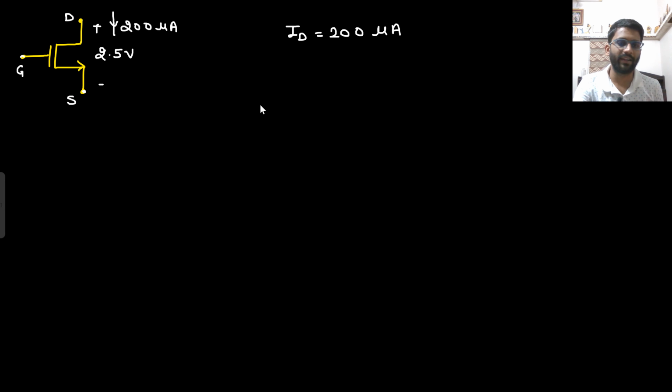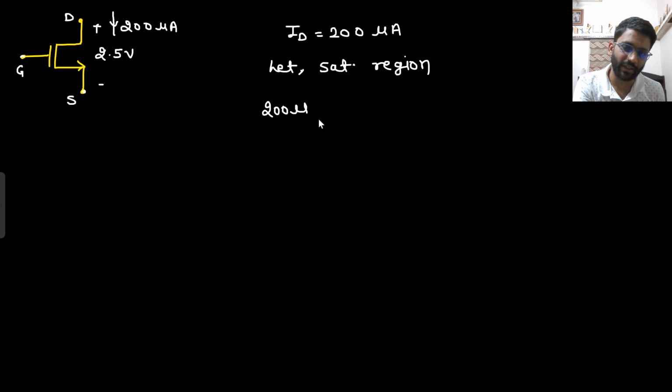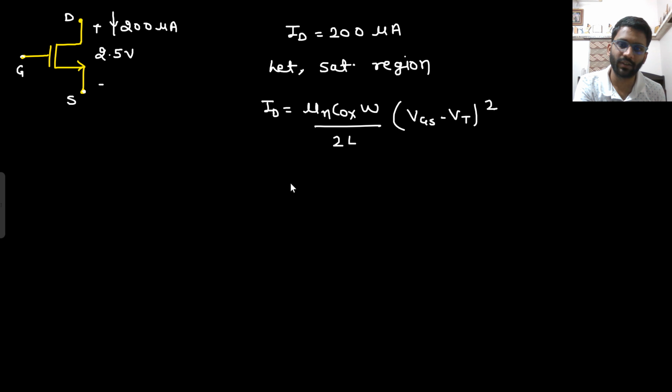Do you have the VGS value? Nothing you have. Again, let us assume saturation region. So if it is saturation region, then ID would be equals to, okay, I will write down the formula again and again so that you remember it. ID will be equals to mu n Cox W by 2L, VGS minus VT whole square.